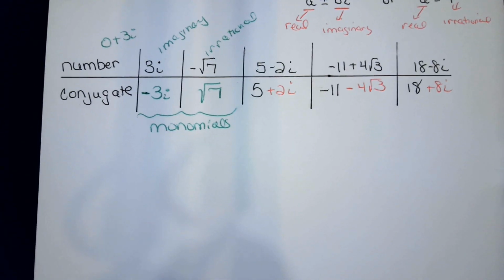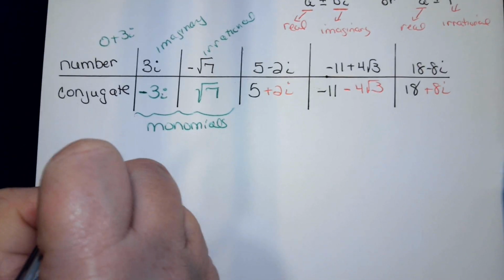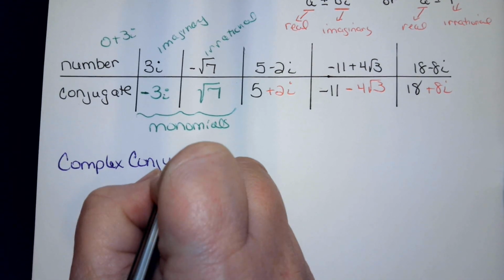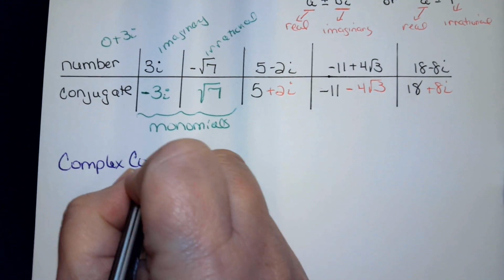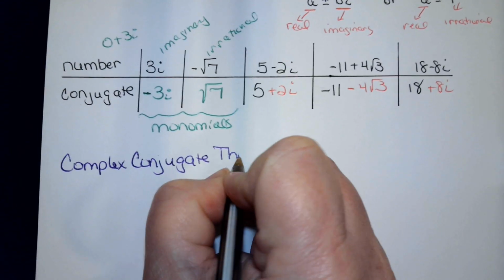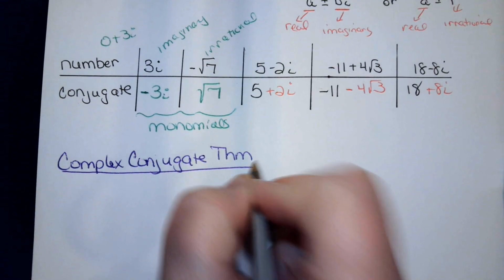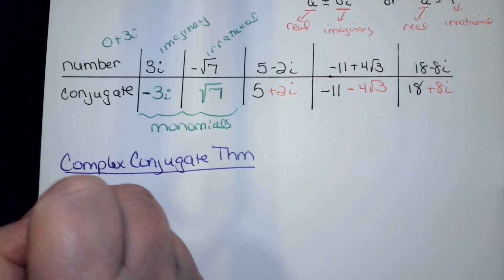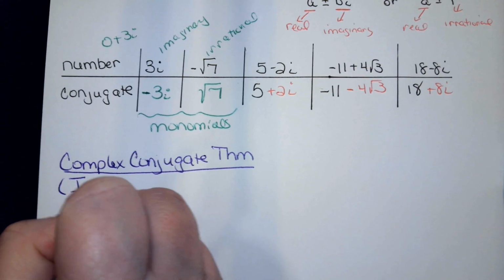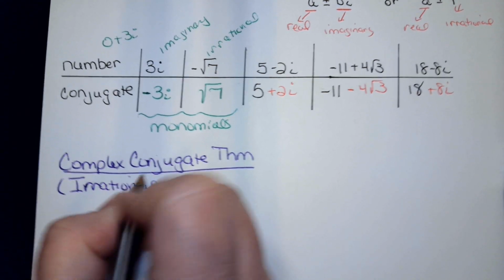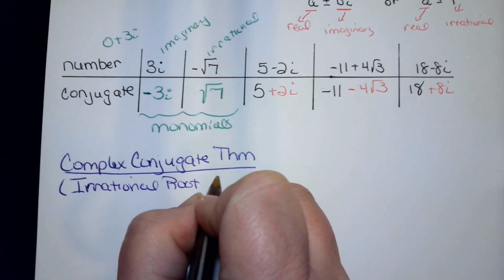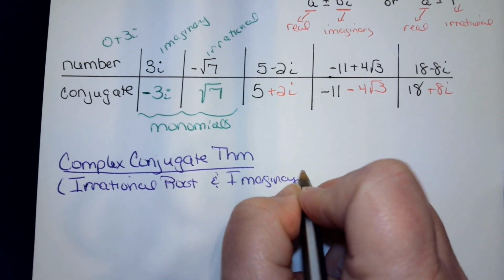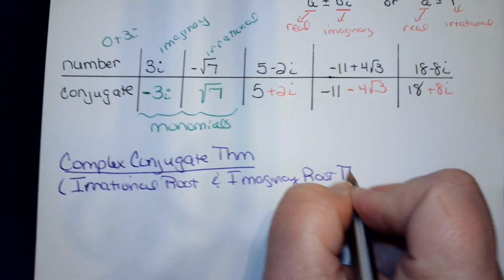Alright, so for our theorem, the complex conjugate theorem. Now it's actually 2 theorems, but I'm going to combine them into one because they both say the same thing with just the one word difference. So this is your irrational root and your imaginary root theorems.